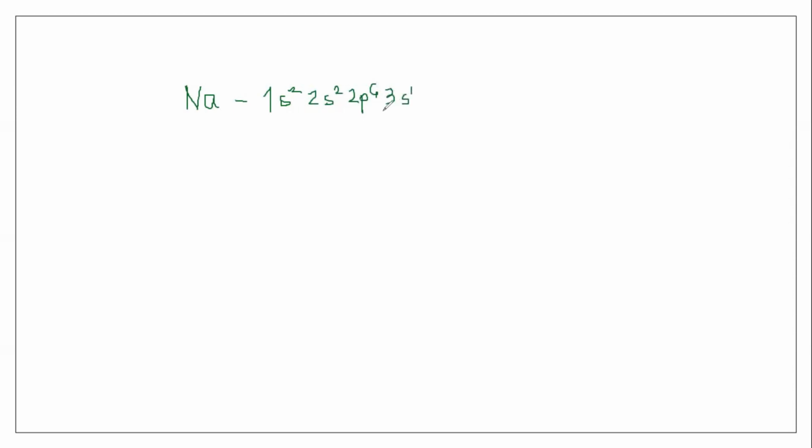So therefore, the valence electron of sodium is equivalent to 1. So this is the valence electron of sodium. So we have 1 valence electron for sodium.